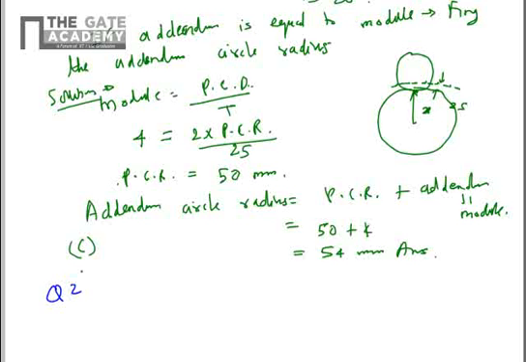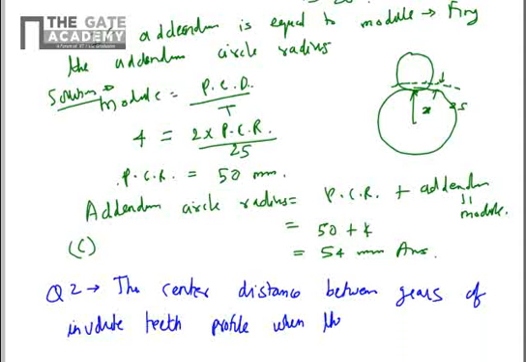In this question, it is a non-numerical one. The formula or definition is asked. It is asked what the center distance between gears is, when the base circle radii are given.